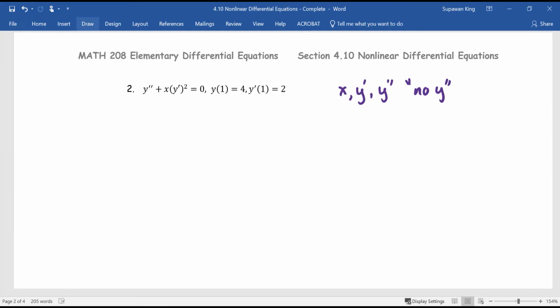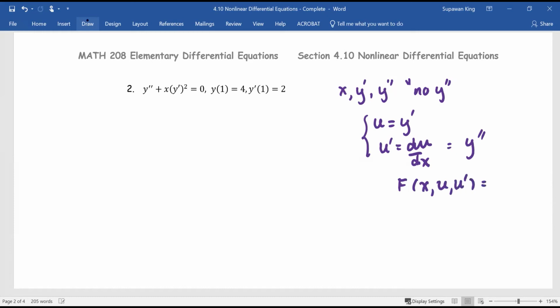Use the substitution as before, so u is y prime, and u prime, or du dx, is the same as y double prime. The new equation will involve x, u, and u prime this time. So y double prime is u prime.